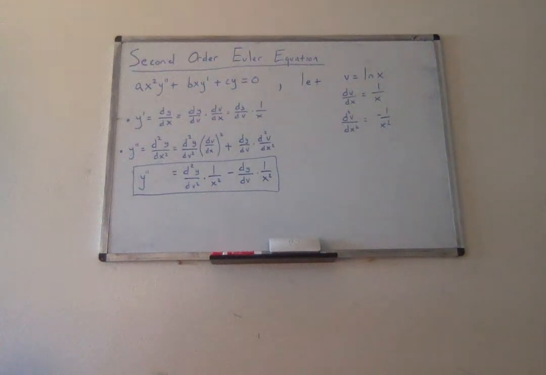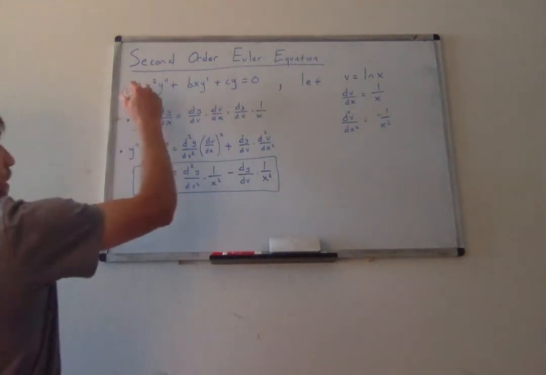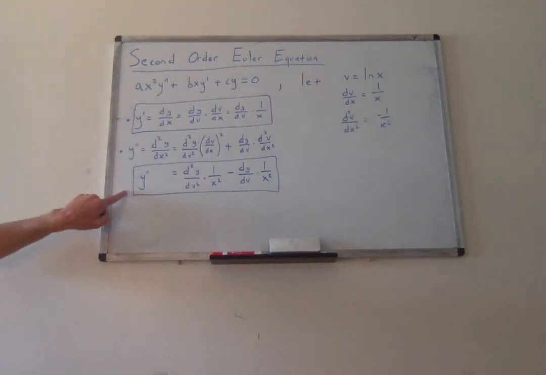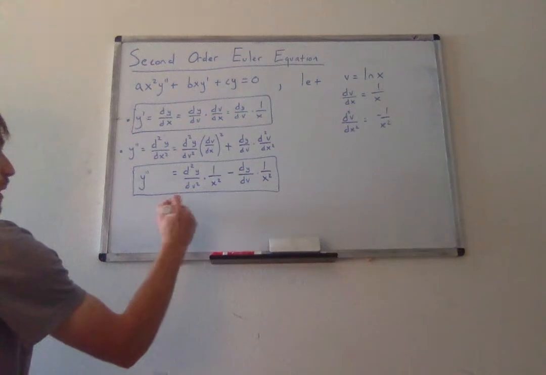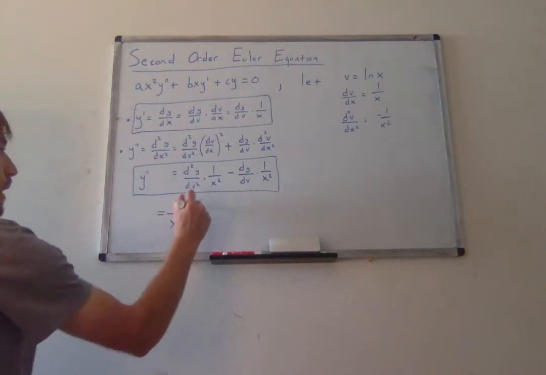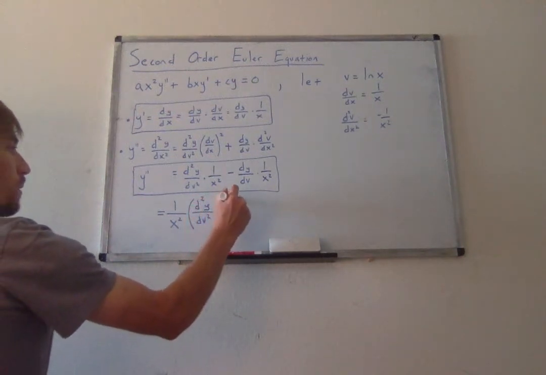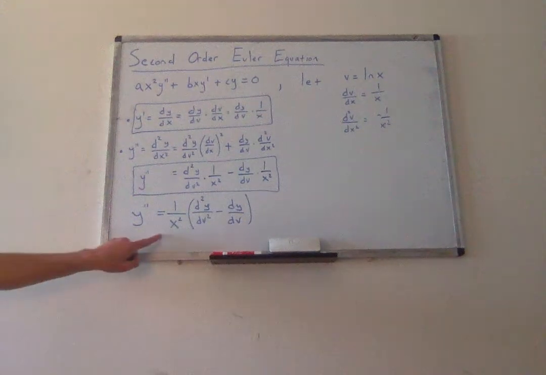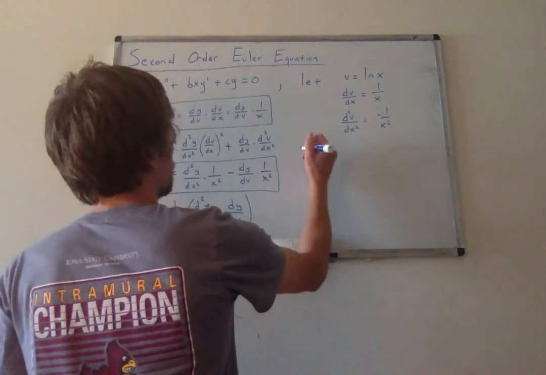All right, so what we can now do is take this equation that we've solved for y prime, take this equation that we've solved for y double prime, and plug them into this formula here. Specifically, I'm going to simplify this a little more and factor out the 1 over x squared. Because notice now, when I plug this in for y double prime, the x squared and 1 over x squared will cancel.